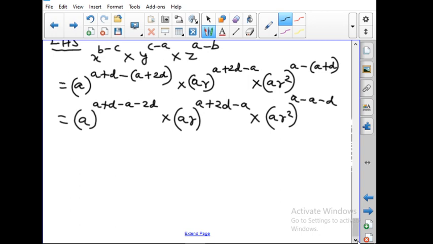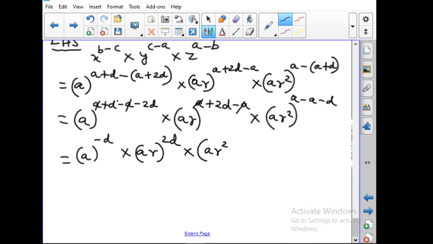You have to see here: minus A plus A will be cancelled. Plus D minus 2D means we are getting A power minus D. Into, here also plus A minus A will be cancelled. So AR power 2D into AR square power, plus A minus A will be cancelled, so the remaining is D.